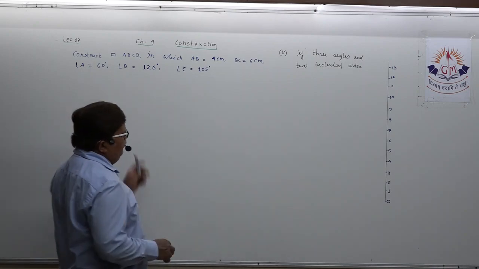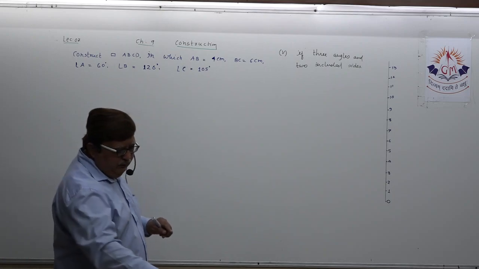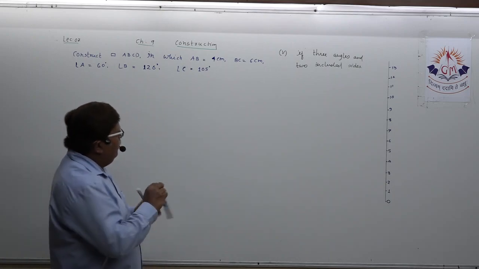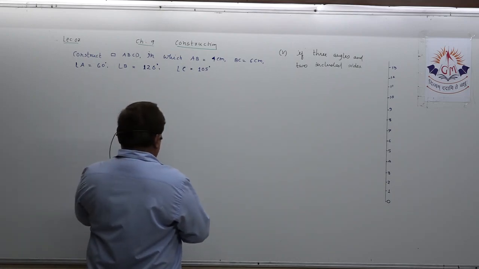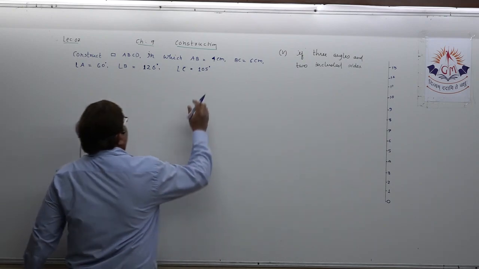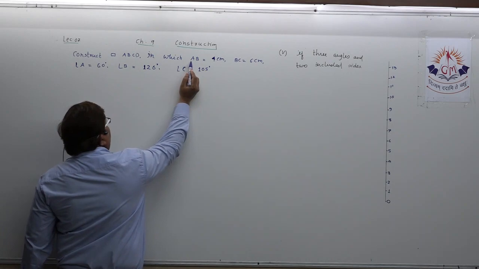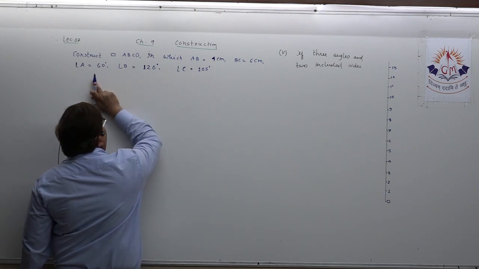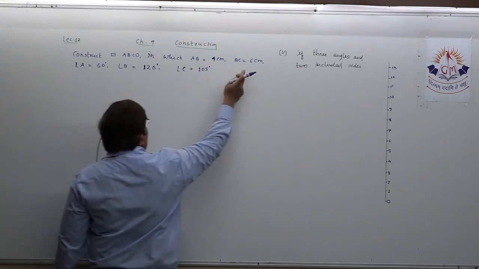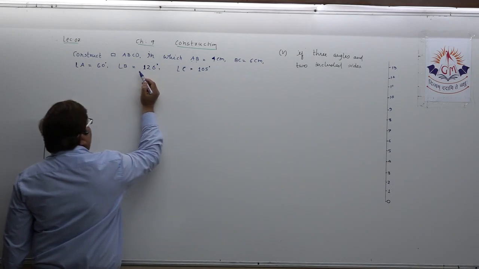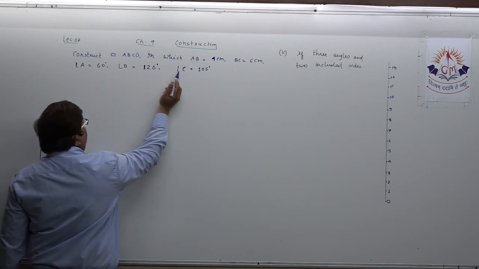Now see, dear student, try to observe it first. How will we draw the rough sketch? AB is given, but are angle A as well as angle B given? Yes. BC is given. Are angle B and angle C given?